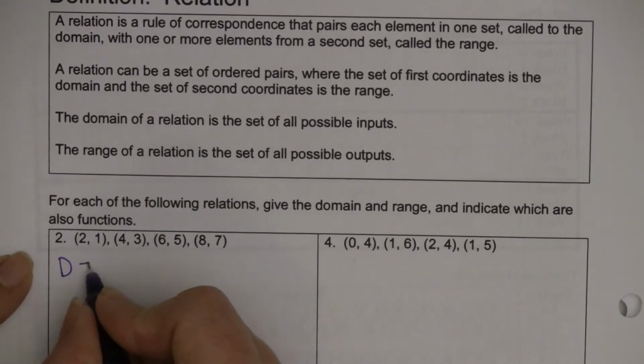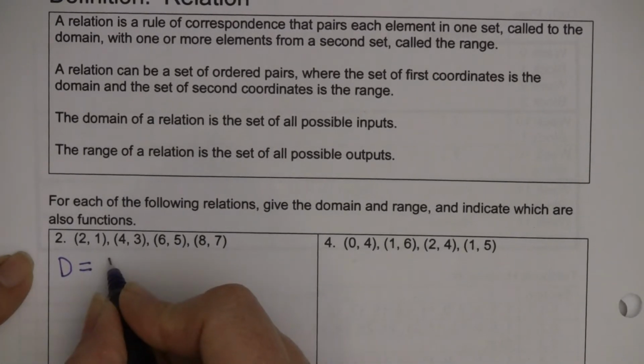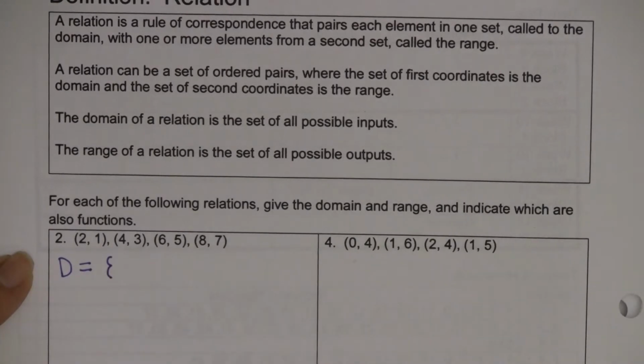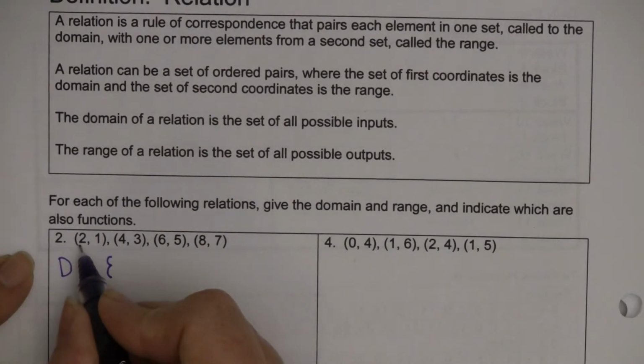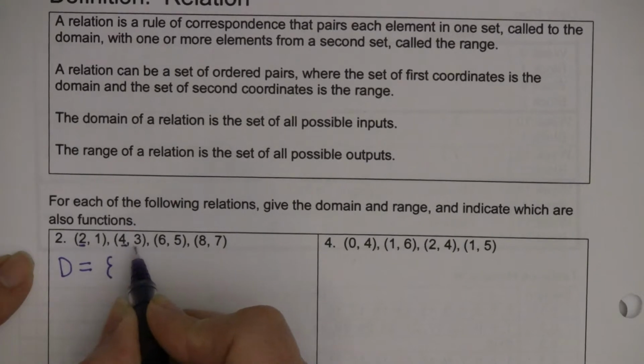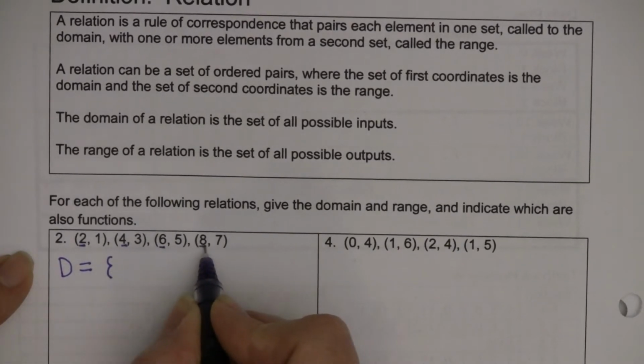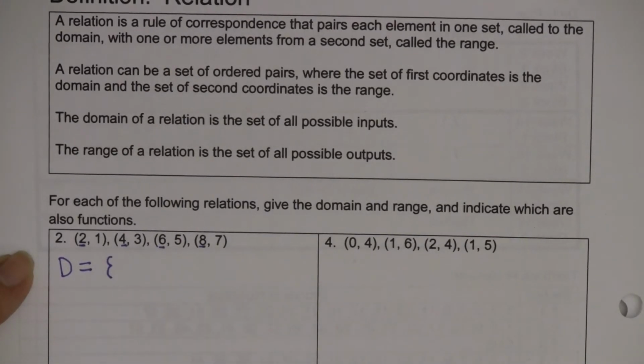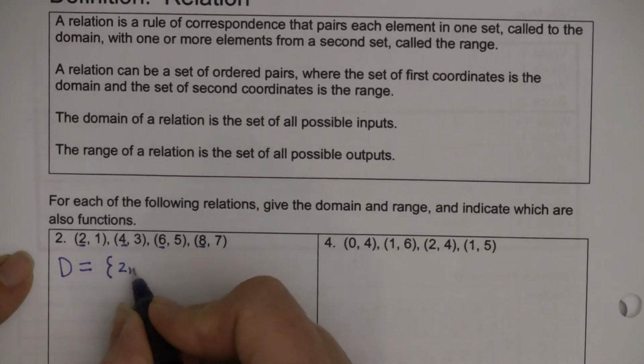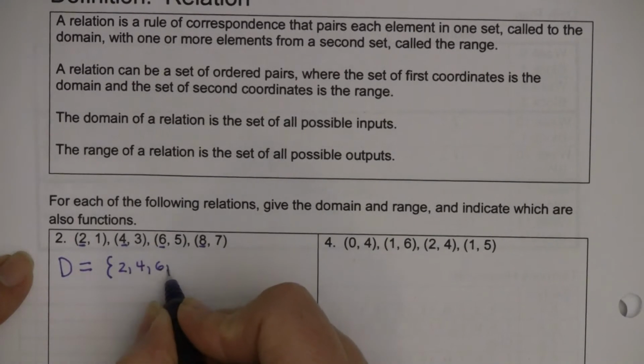That equals, and then they use those little squiggly set brackets, and they put the values for the domain, which are the x values. So 2, 4, 6, and 8 go in there, and you would put them in numerical order: 2, 4, 6, and 8.